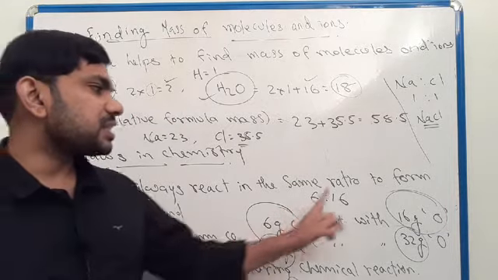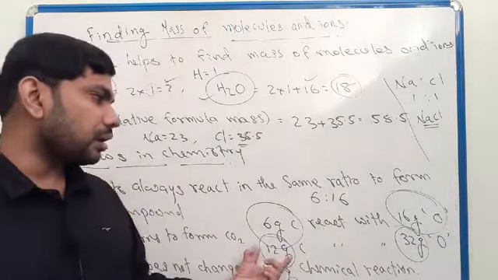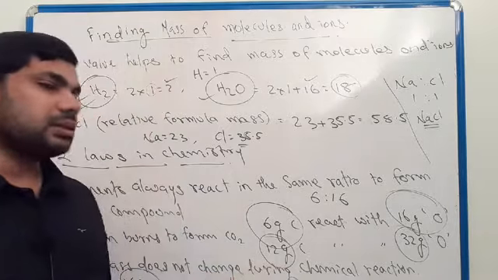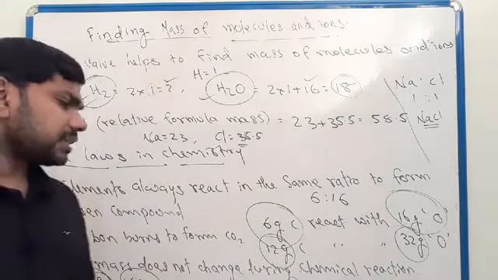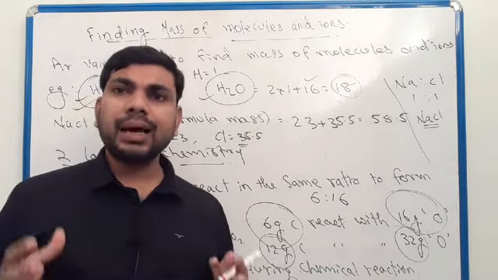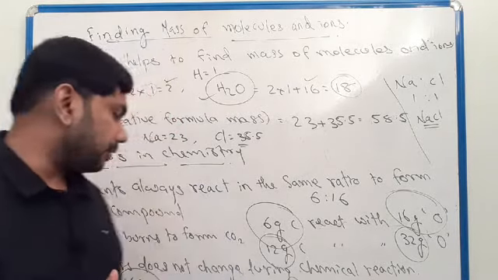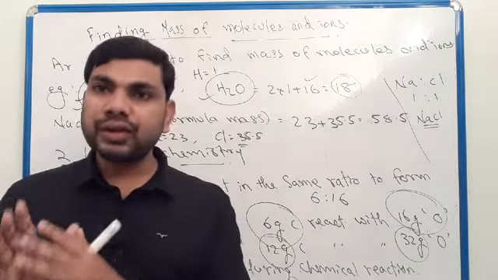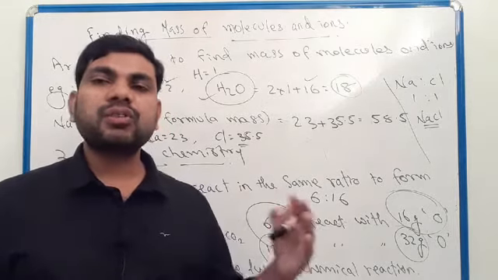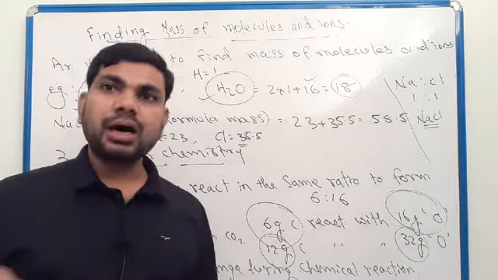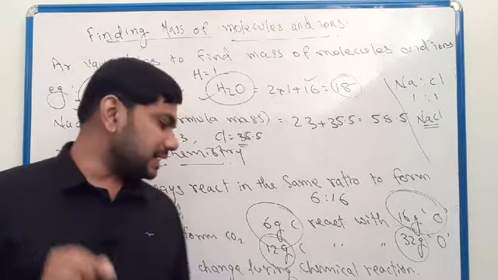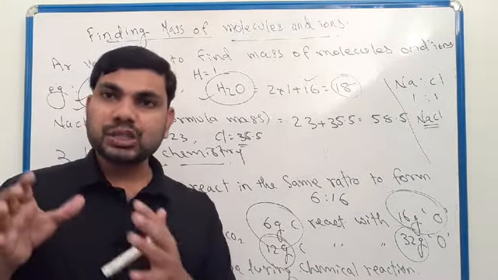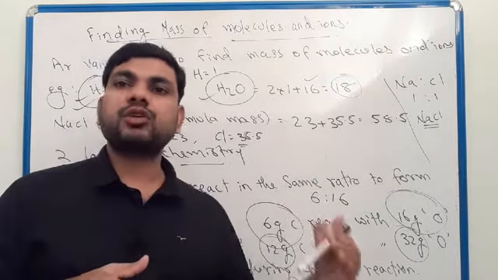Here 6 gram carbon with 16 gram oxygen, 12 gram carbon with 32 gram oxygen, so the ratio is the same. The second law says that mass does not change during a chemical reaction, meaning mass of reactant will be equal to mass of product. 6 gram carbon reacted with 16 gram oxygen forms 22 gram carbon dioxide, so mass of reactant equals mass of product.